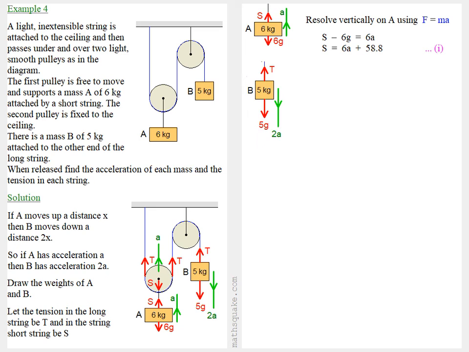Now if we look at particle B and resolve vertically using F equals ma, we get 5g minus T equals 5 times 2a. But 5g is 5 times 9.8, which is 49. So we have T equals 49 minus 10a. And that's our equation 2.